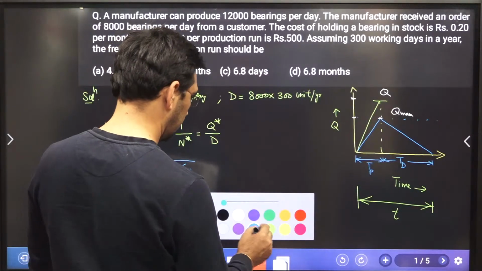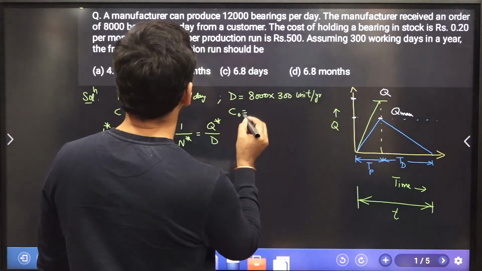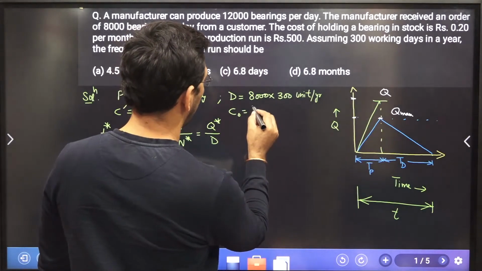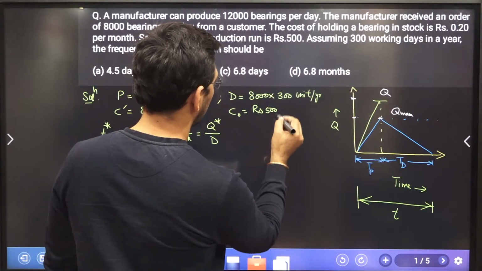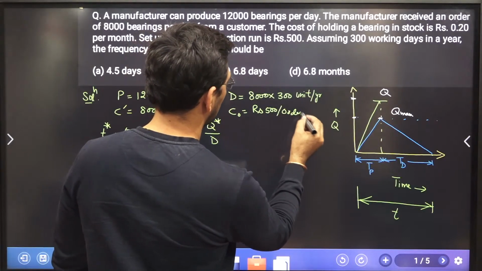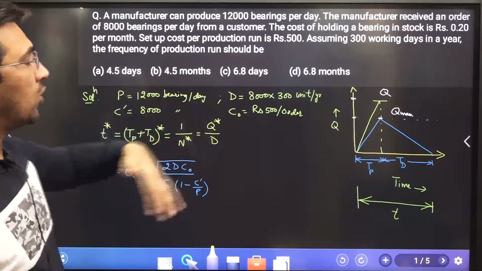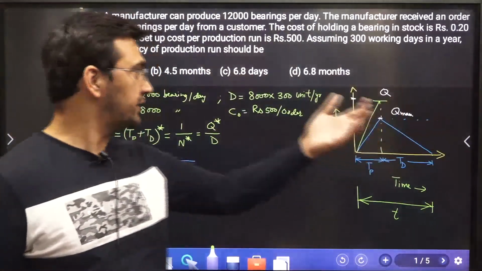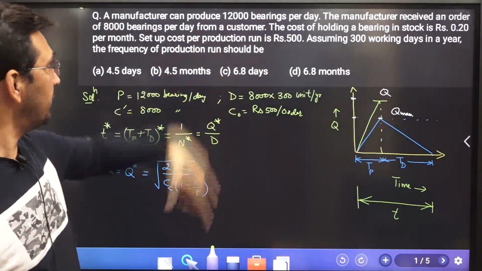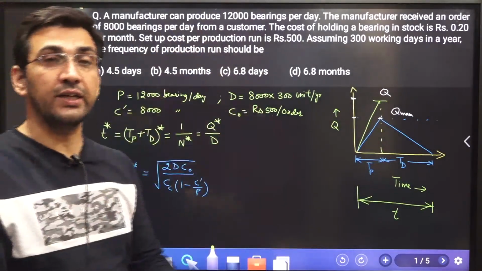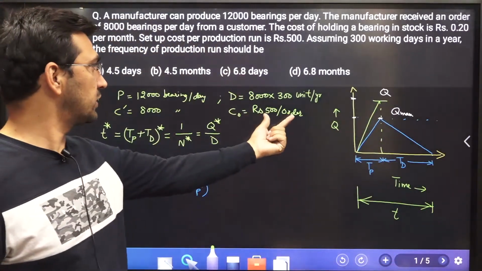So can I say that the ordering cost he has given over here is rupees 500 per order. So to place each order, it is the setup cost. When we place the order to an outside entity, then we say it is an order cost per order. When the same thing is done within the organization and consumed at your own end, then we call it a setup cost, and this turns out to be this much.